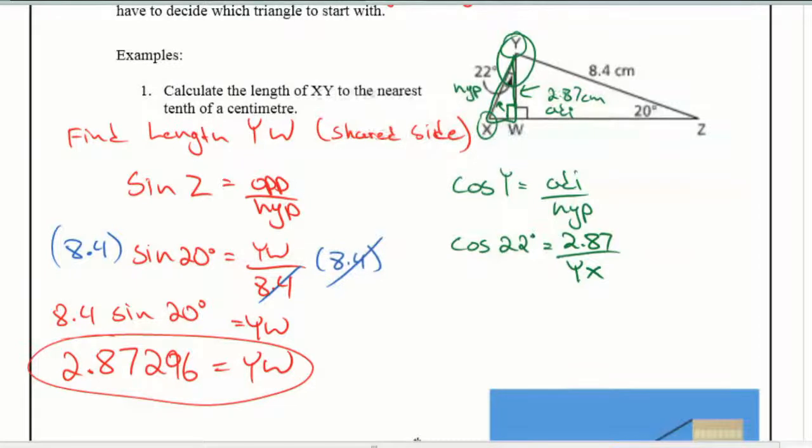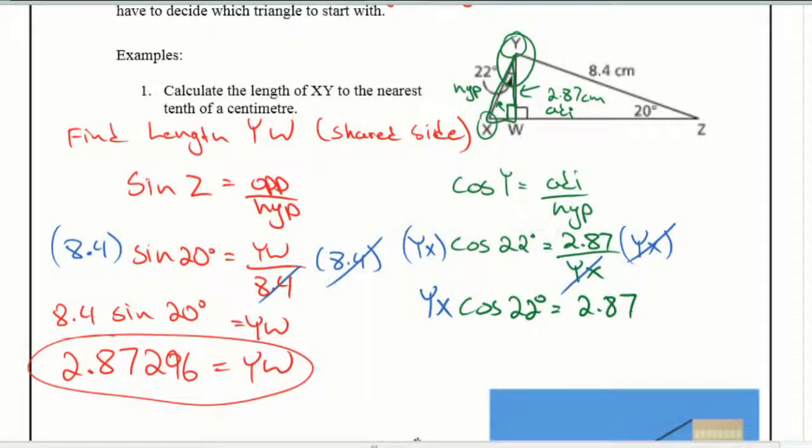Now I have YX on the bottom, I want to get it to the top. So I'm going to multiply both sides by YX. It's going to cancel over here. I get YX times the cosine of 22 degrees is equal to 2.87. Then I'm going to divide both sides by the cosine of 22 degrees. And I end up with YX is 2.87 divided by the cosine of 22 degrees.